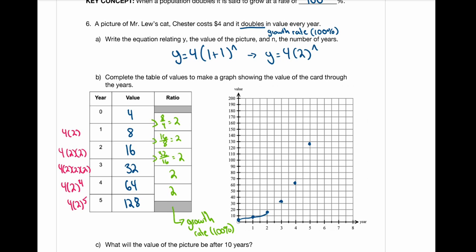So this is an example of exponential growth, and it does look very similar to the compound interest that we looked at in the finance unit. And compound interest actually is just an example of exponential growth. That's why it's beneficial to have compound interest if we're saving money, because it grows rapidly over time.